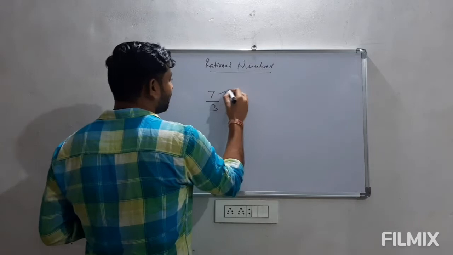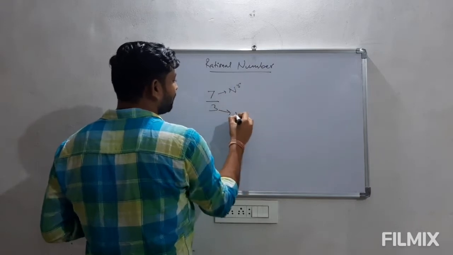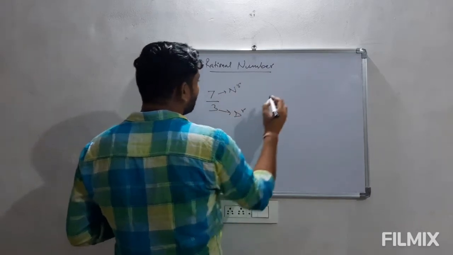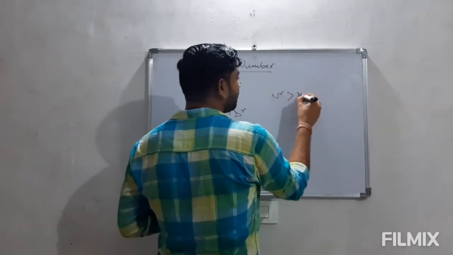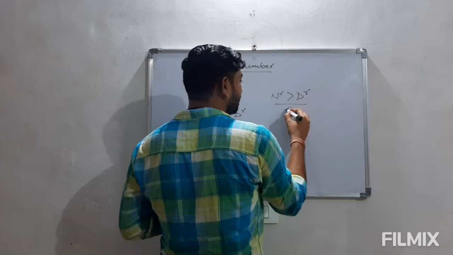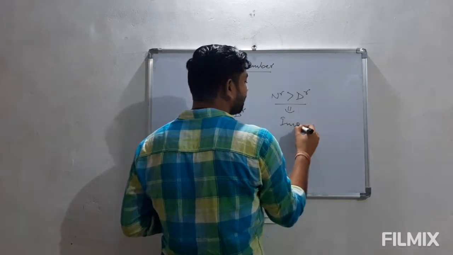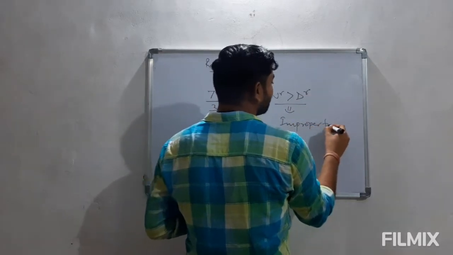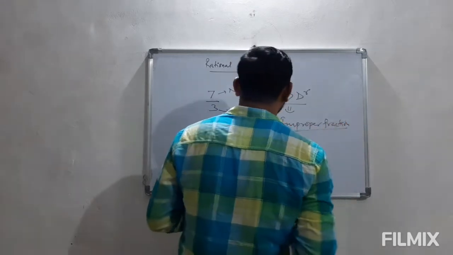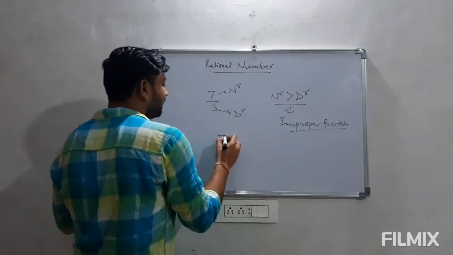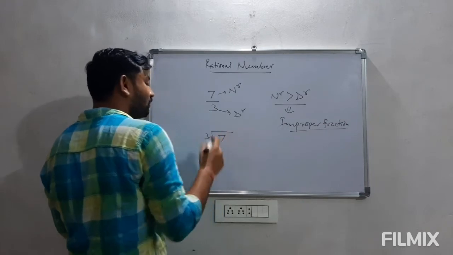Here this is the numerator and this one is the denominator. Here the numerator is greater than the denominator. This case is called an improper fraction.